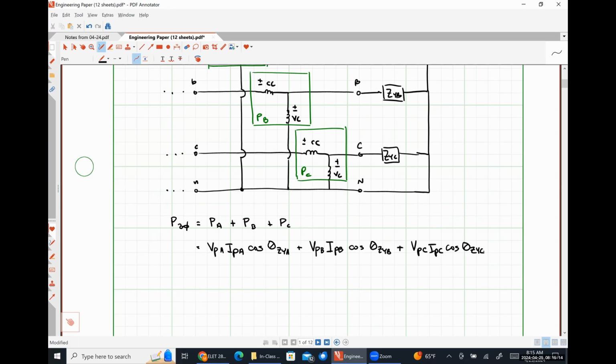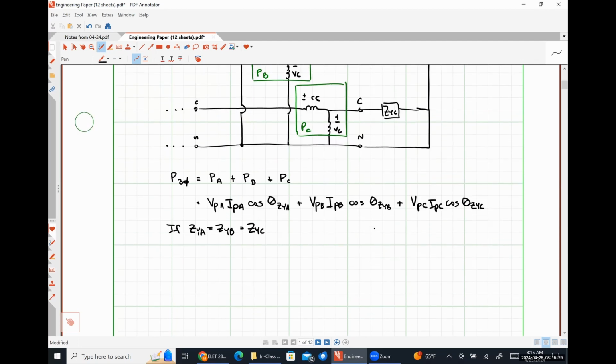We add them together. For a balanced system, our three-phase power then looks like, actually, let me just put it this way, sorry.